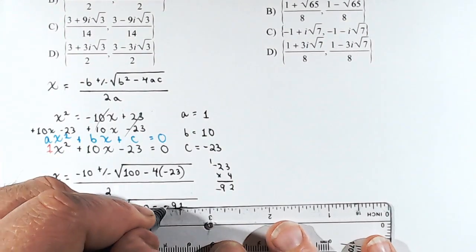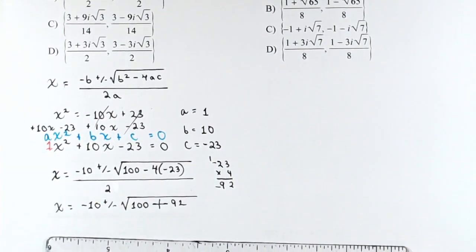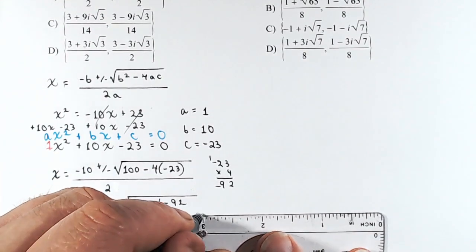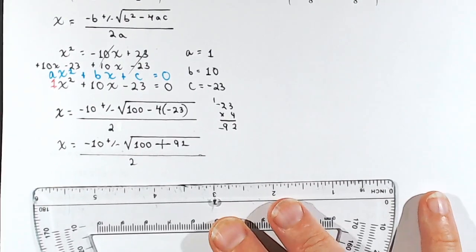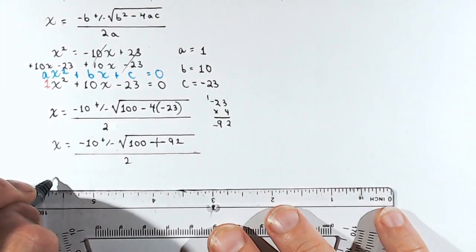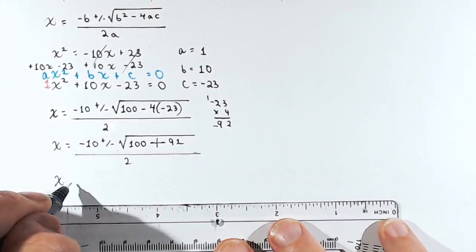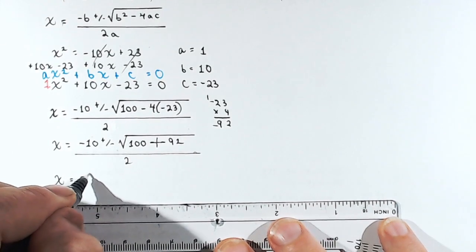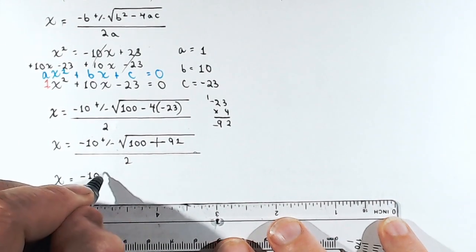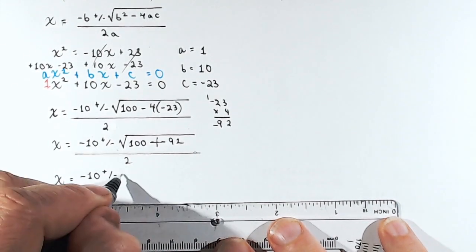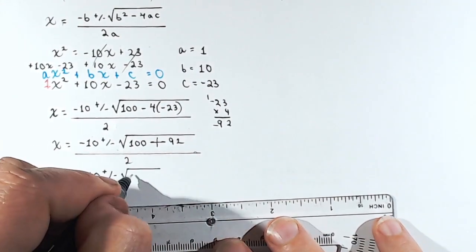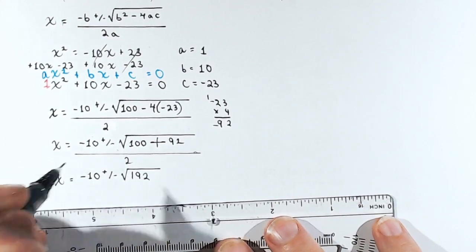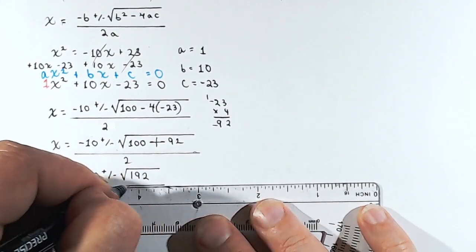So it's actually plus, all over 2. Okay. Well, moving on. So x equals, we're going to continue to simplify, negative 10 plus or minus the square root of 192 all over 2.